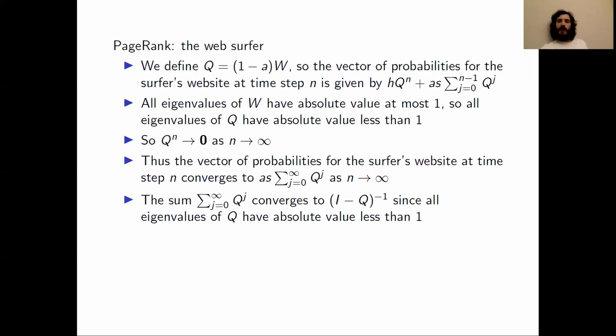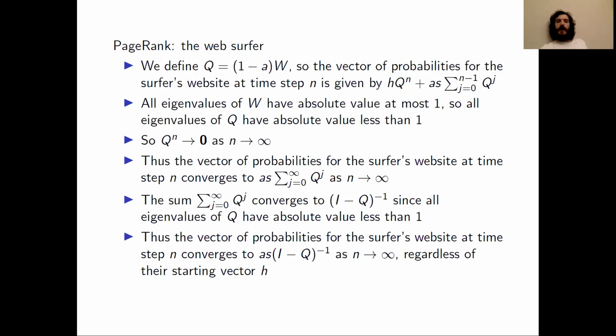More specifically, it converges to the inverse of I minus Q. That tells us the vector of probabilities at time step n converges to AS times the inverse of I minus Q as n goes to infinity. And we can note that this has no dependence on H, the starting vector. So regardless of the starting vector H, we always get AS times I minus Q inverse as the limit of our vector of probabilities as n goes to infinity.